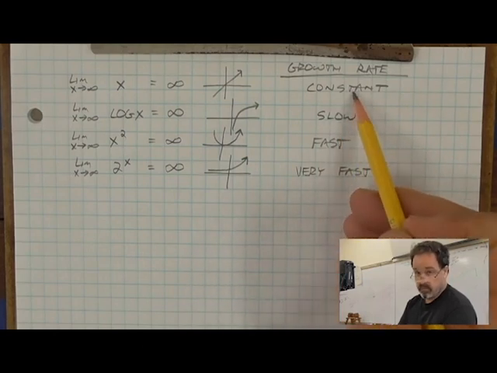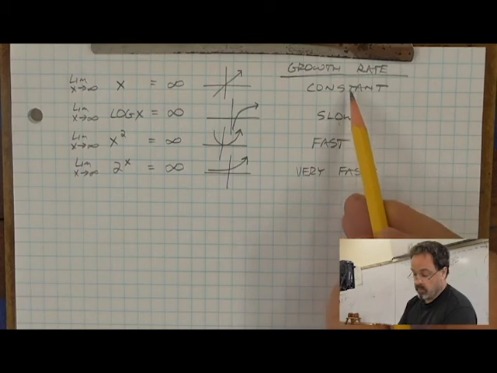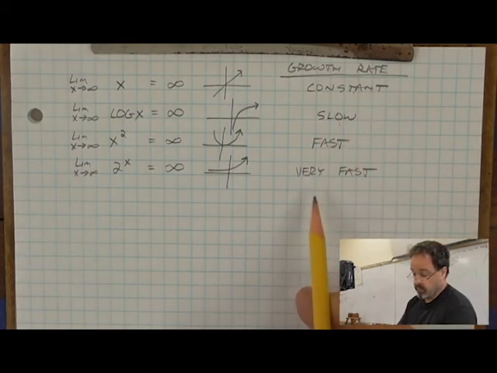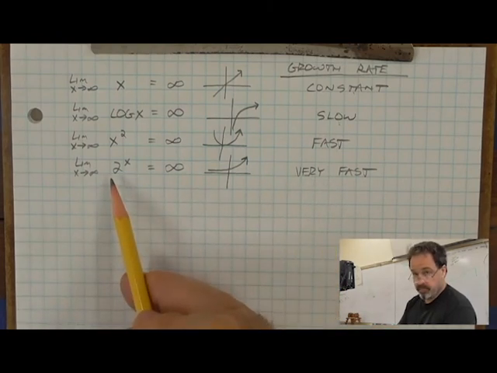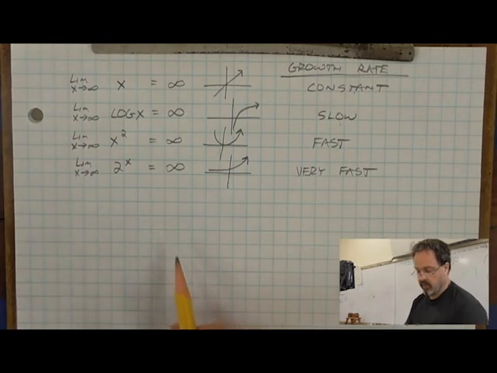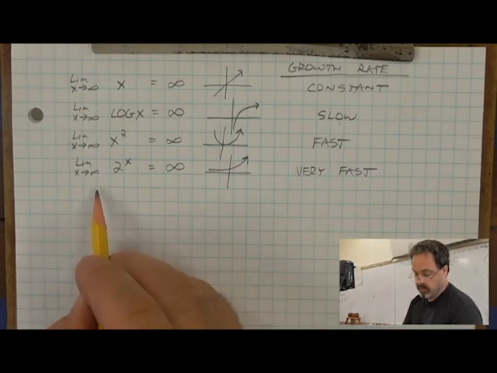Constant growth is faster than logarithmic growth. Quadratic will dominate a log and a constant function every time. And the function that grows the fastest is exponential. So how does this help us? This idea of which families of functions dominate others can help us understand and find limits.